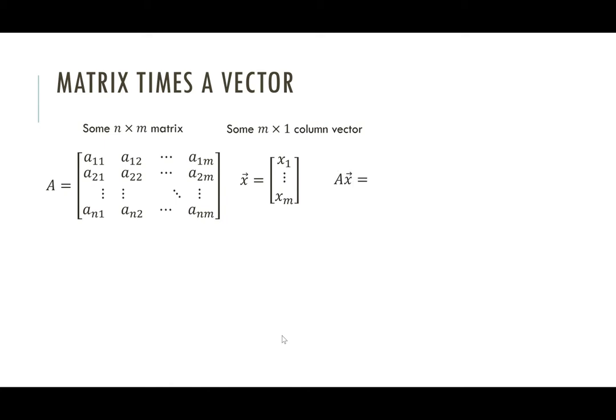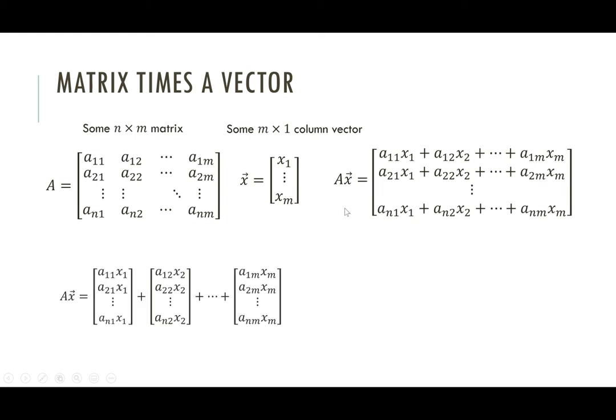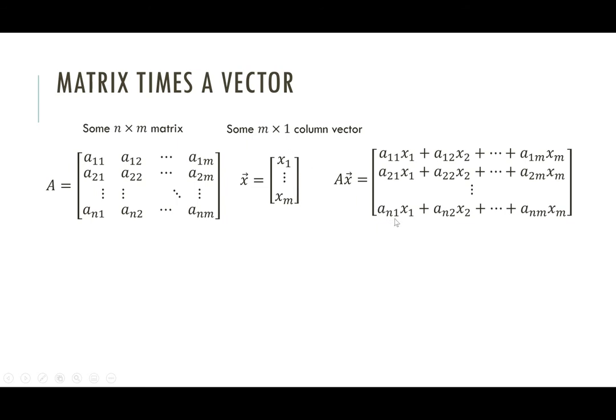Then the matrix vector product AX is, kind of a hassle to write down, but this is what we get using the row version. The row definition is: you take the first row dotted with X, that's what you get. Second row dotted with X, that's what you get, and so forth all the way down to the last row dotted with X, which gives you this last entry.